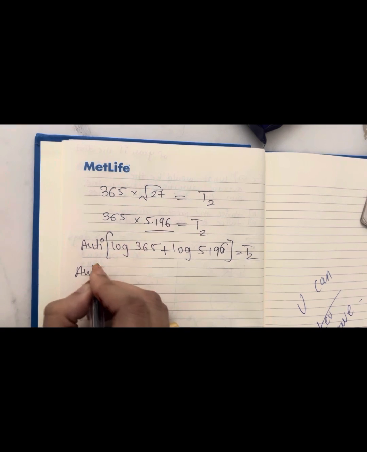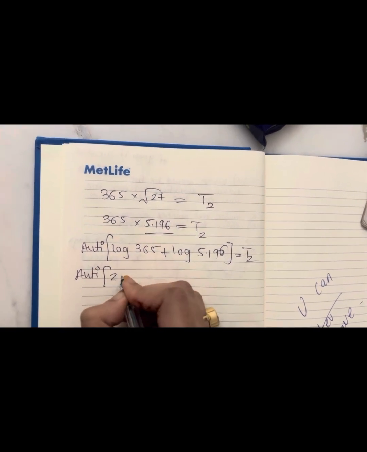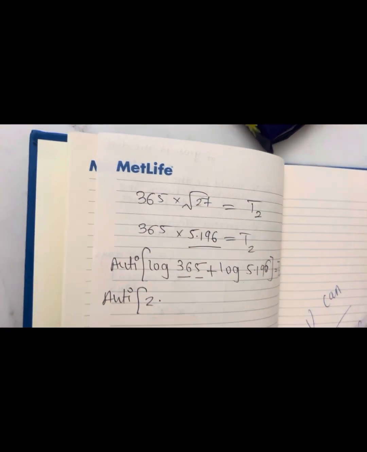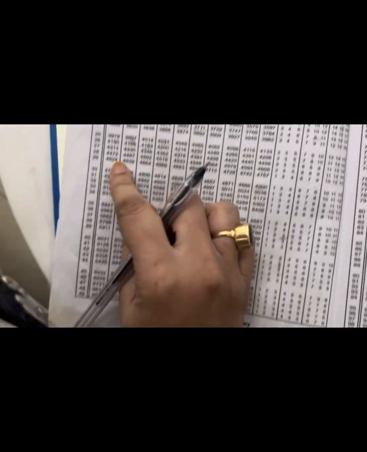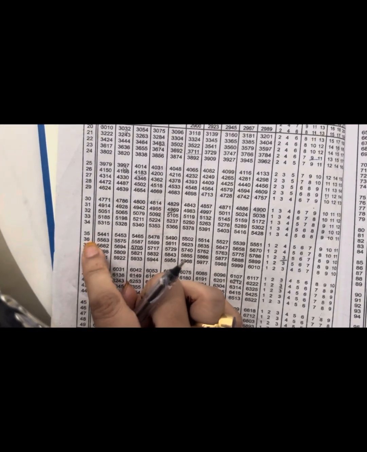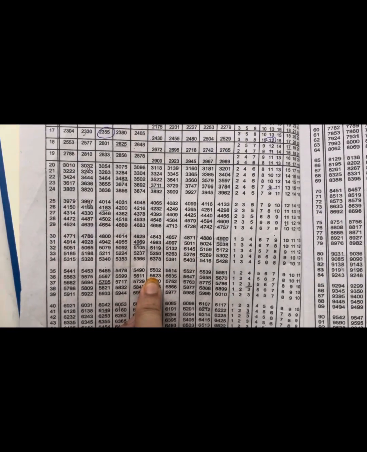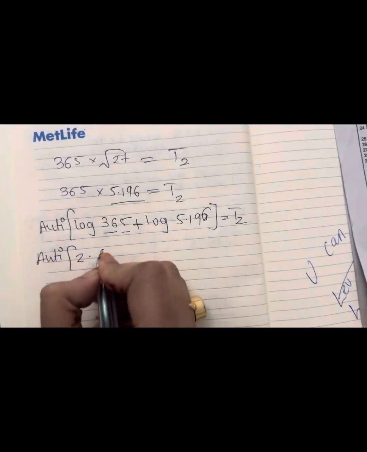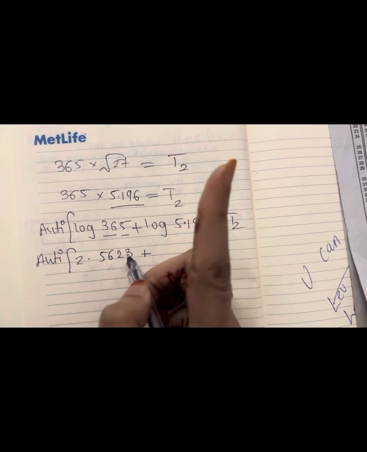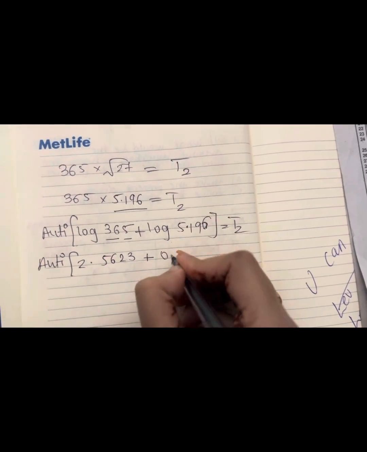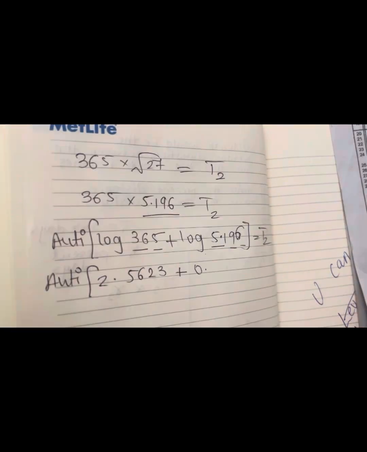So here, for antilog, 3 digits, so it will be 2.56. Then we check 5 in the log table, 36 ka 5. Where is it? Here it is. This 36 ka 5 is 56 to 3. Plus, before the point you have one digit, so it will be 0 point 51 ka 9 ka 6, you will check.